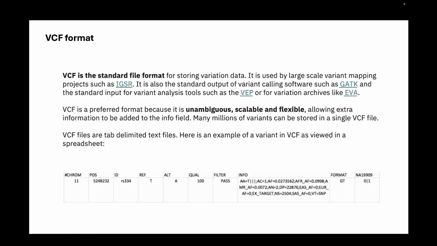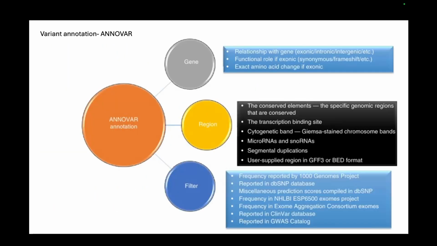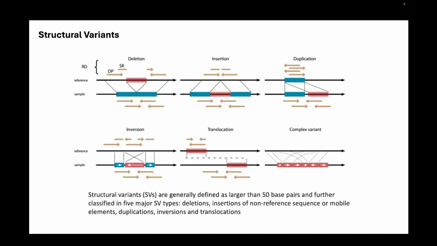This is a single-sample VCF file. There can be multiple VCF files merged into one, with the same position and same variant, just the number of samples will increase, giving you the genotype of that particular position. I'll not go into the details here, but after that you can annotate the variants using ANNOVAR, according to genes, regions, or different filters present in databases.